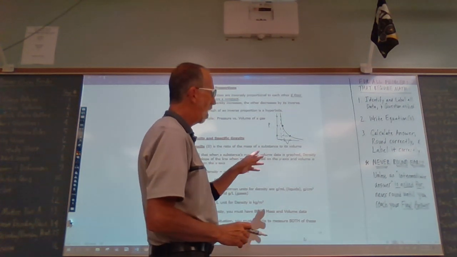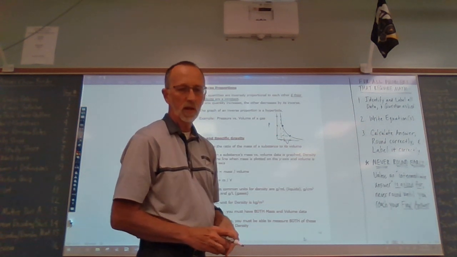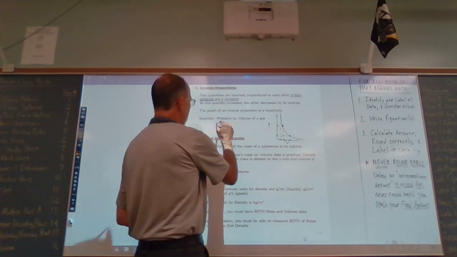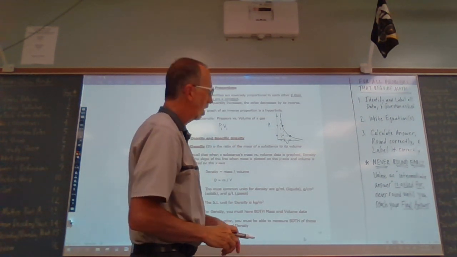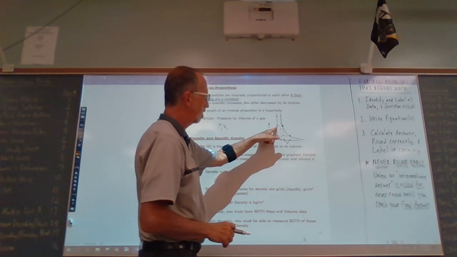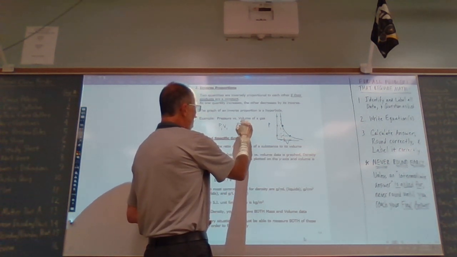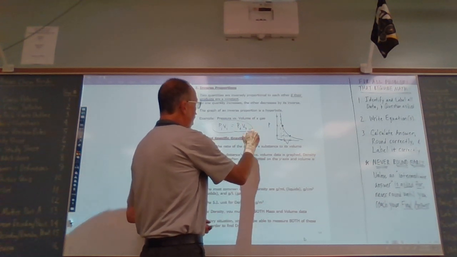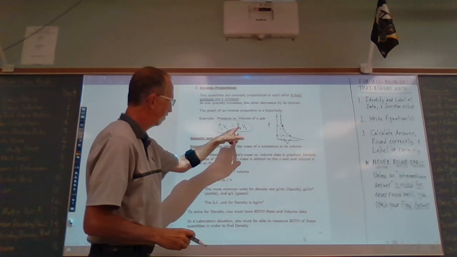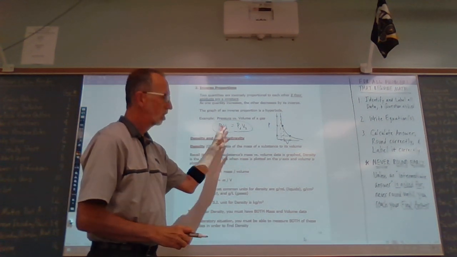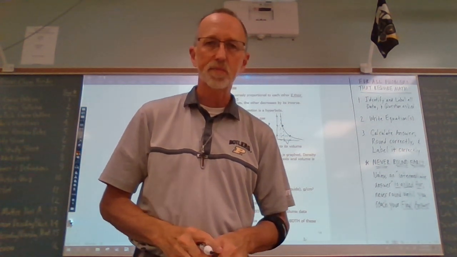So let's say this is point 1, so this is P1 and this is V1. Their product, P1 times V1, and then the same product here, point 2, P2, V2. Their products are a constant. So these have the same value. So this is an example of an equation for an inverse proportion.